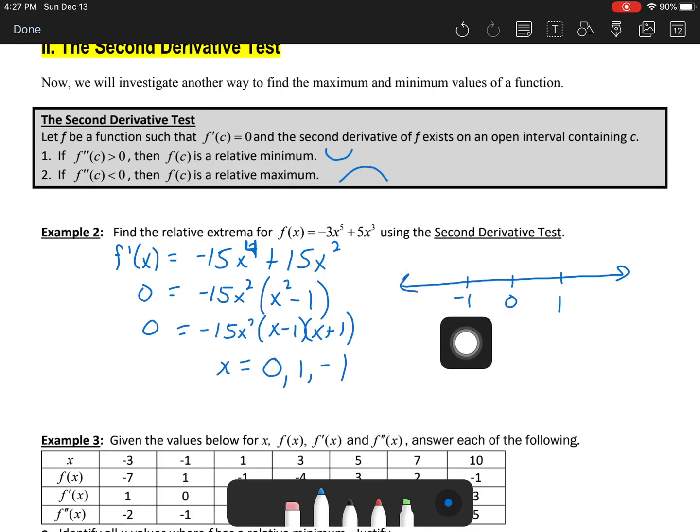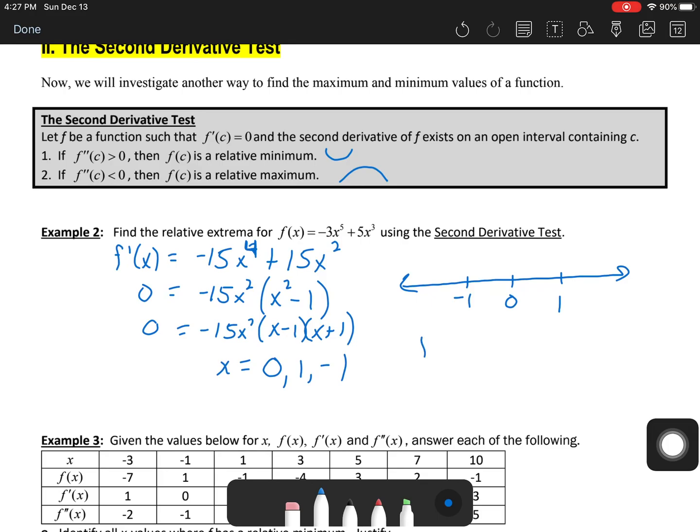But now with the second derivative test, I just want to test right at these critical numbers, but in the second derivative, because that's going to tell me the concavity. Based on that, I'll be able to tell whether I have a minimum or a maximum.